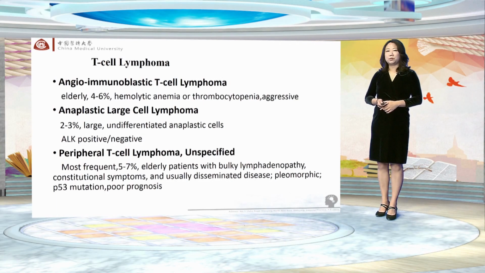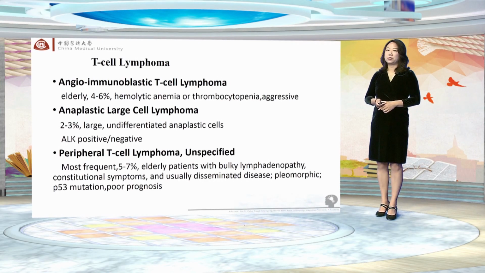The second one is anaplastic large cell lymphoma. This variety of lymphoma accounts for 2 to 3% of all non-Hodgkin lymphomas. Malignant cells are large, undifferentiated anaplastic cells, which have sometimes been confused in the past with Reed-Sternberg cells of Hodgkin lymphoma. Anaplastic large cell lymphoma has two different presentations, differing in their expression of the ALK kinase.